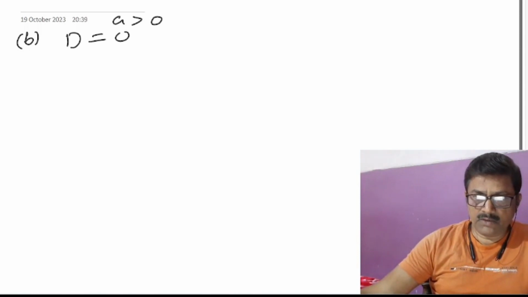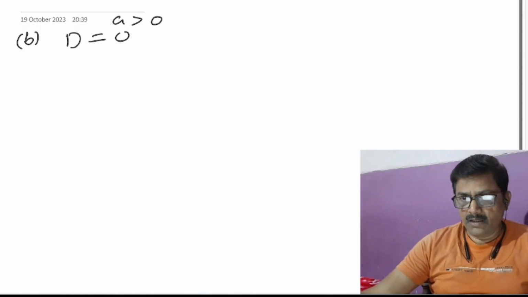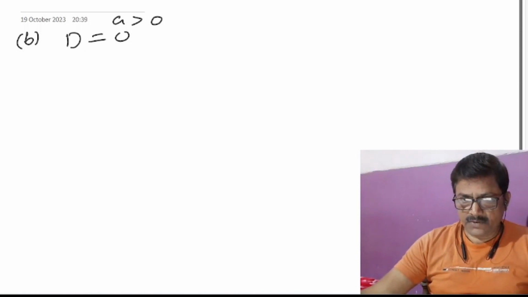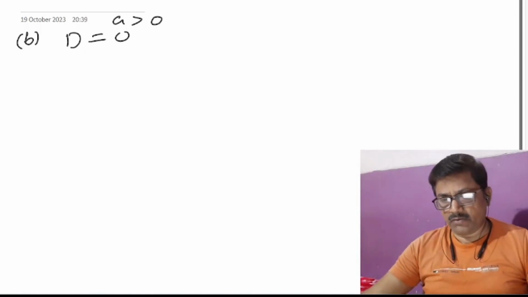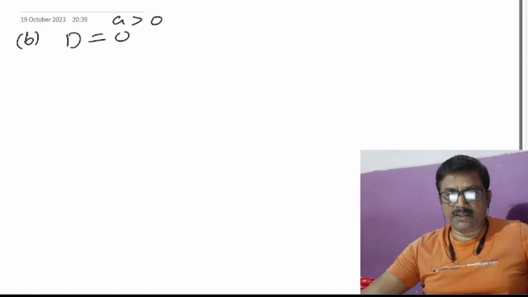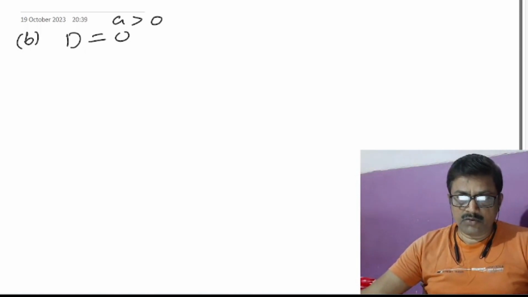If discriminant is 0, roots are real and equal. Two equal things are not two things but only one thing. So two equal roots means only one root.